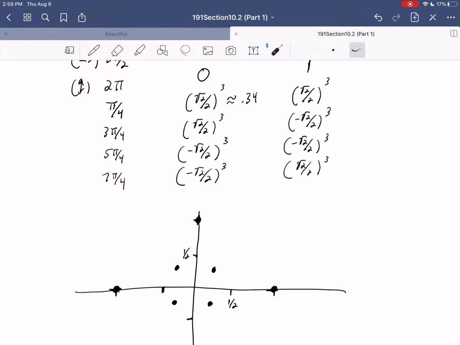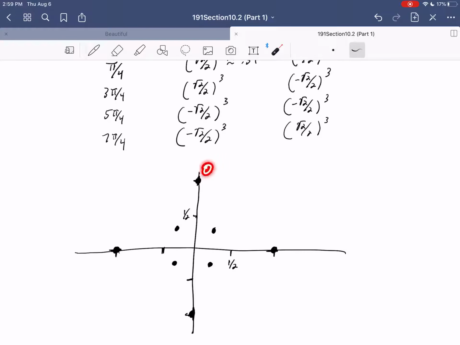So again, let's remind ourselves, this was 0, pi over 4, pi over 2, 3 pi over 4. This was pi, 5 pi over 4, 3 pi over 2. This was 7 pi over 4, and this was 2 pi. So we need to go from here to here to here, all the way around and back to here.